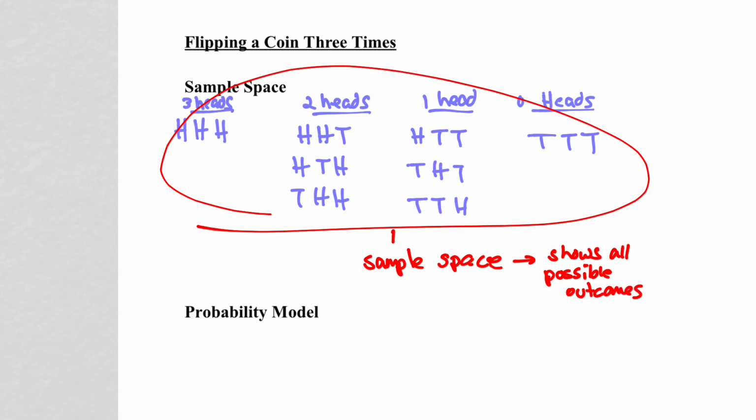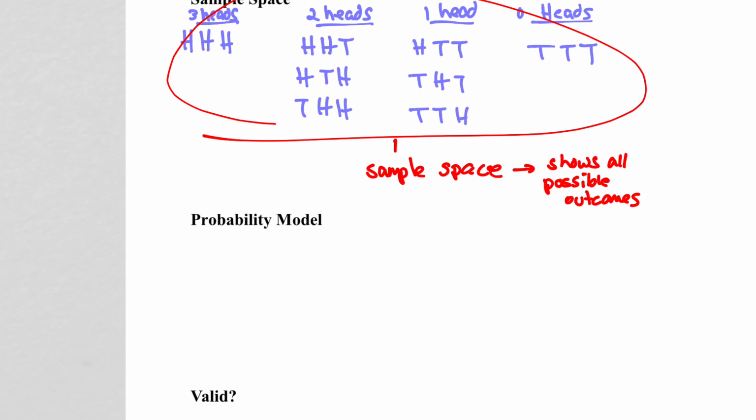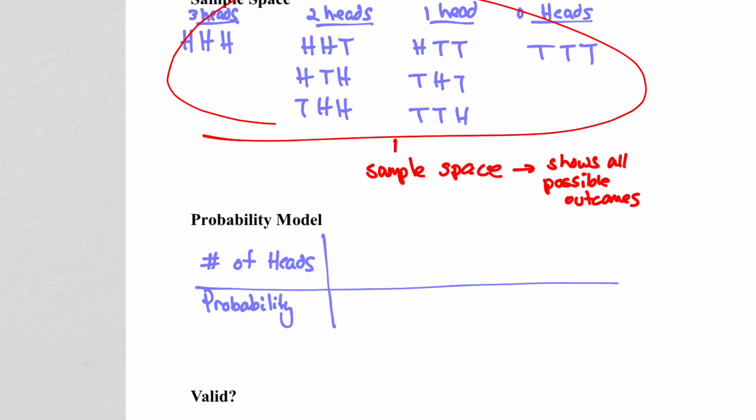So from our sample space, we're going to make a probability model. I'm going to set it up as a table. I'm going to have the number of heads and then the probability. I'm going to do this in reverse order from how I set up my sample space.